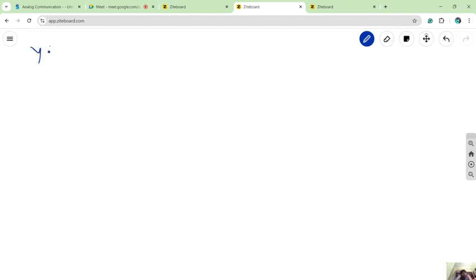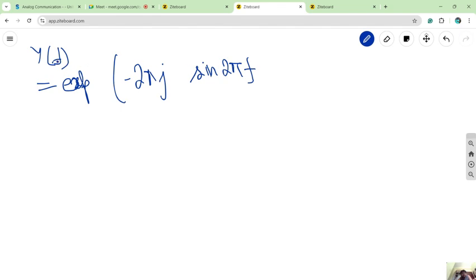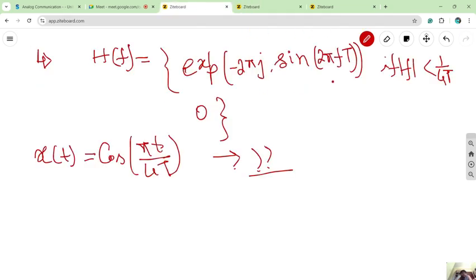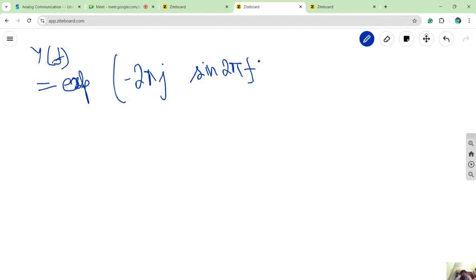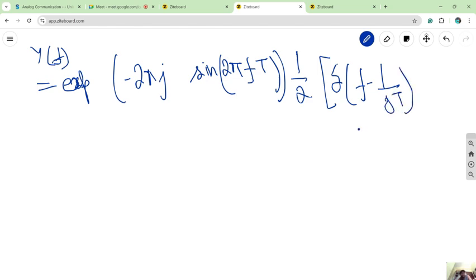So here Y of f will be exponential of 2 pi j f tau times the same signal, half of delta of f minus 1 by 80 plus delta of f plus 1 by 80.